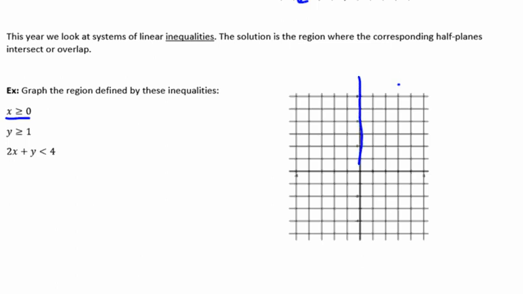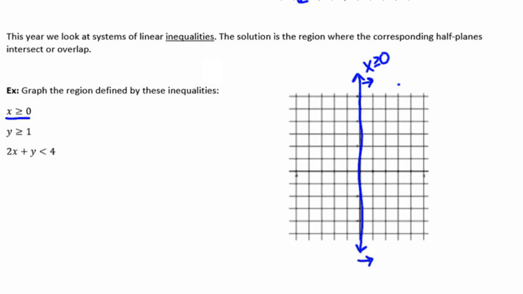Here's where x is 0. This is x is greater than or equal to 0. Before you shade, because you only want to shade where they overlap, I like to mark the areas I'm going to shade. So if I want greater than or equal to 0, I'm going to be shading this way. So I'm just going to remind myself, put little arrows. I want to shade on the right-hand side of that line when it comes time.